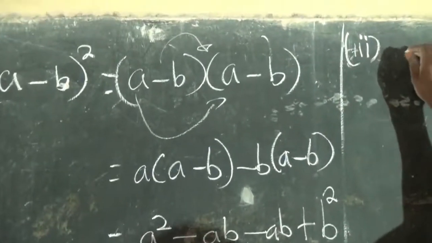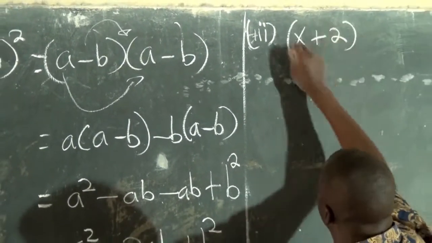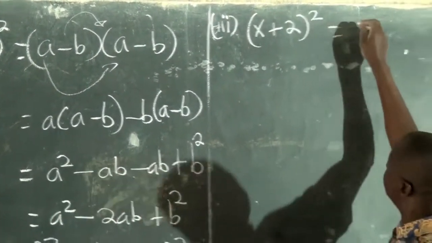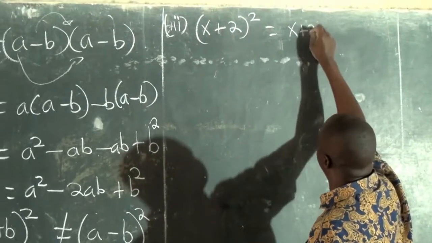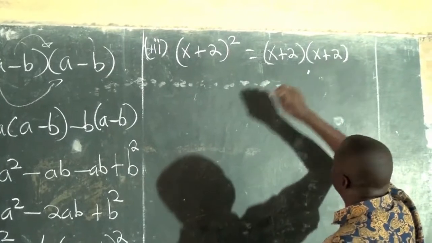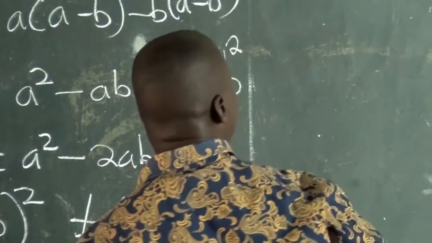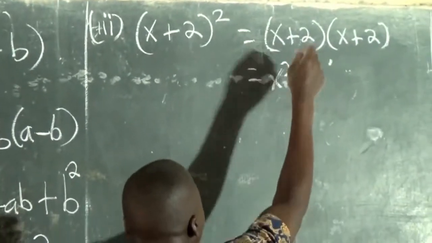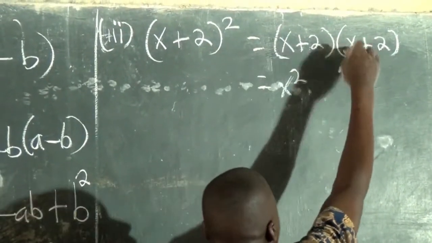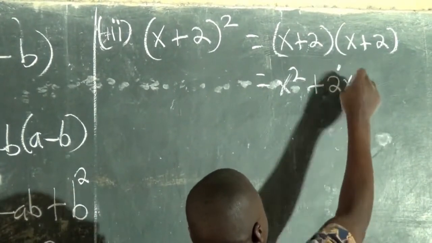I want to give more examples of that form. We have x plus 2 squared. This is x plus 2, then x plus 2. This gives us x squared. When you multiply x by x, then x by 2, this is 2x.